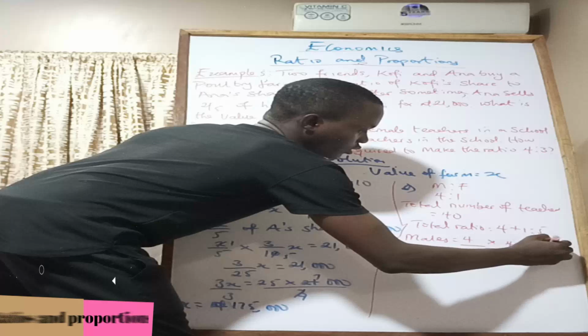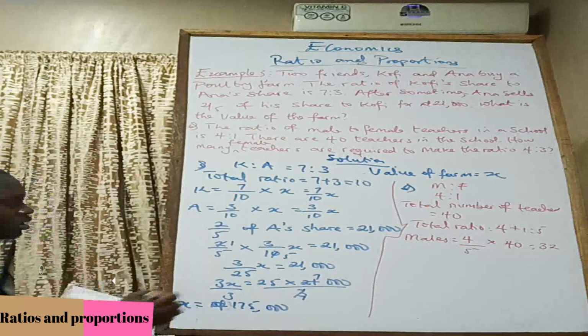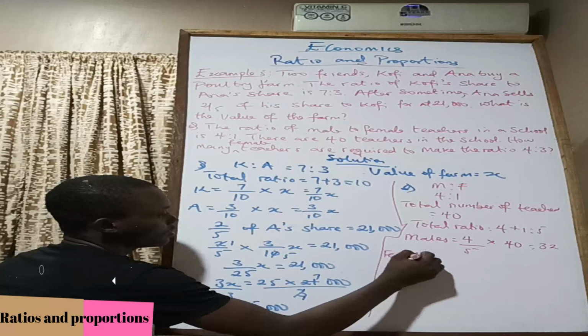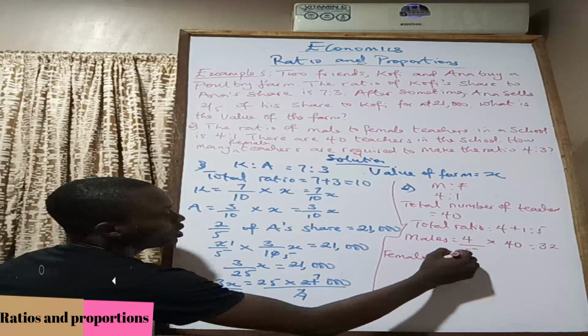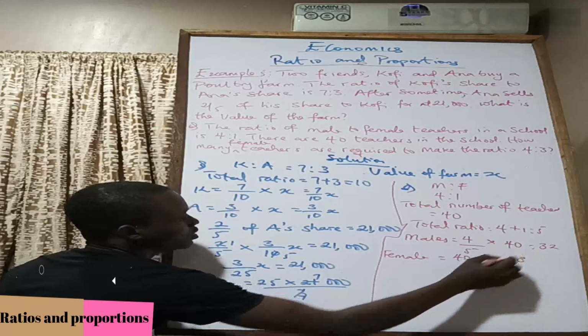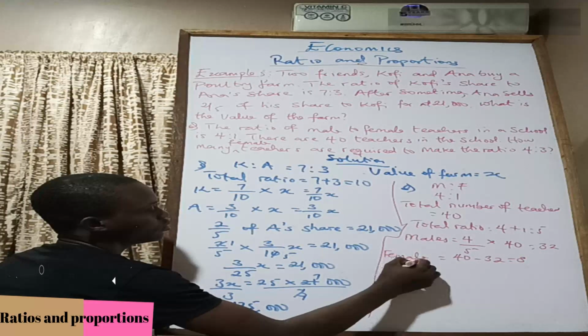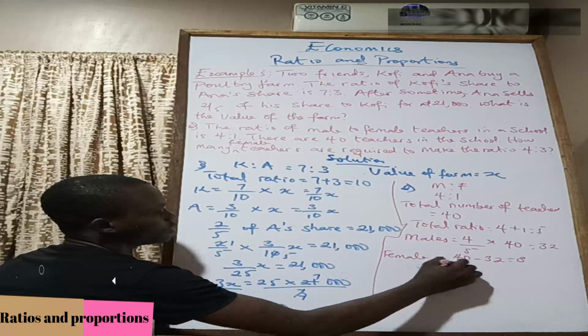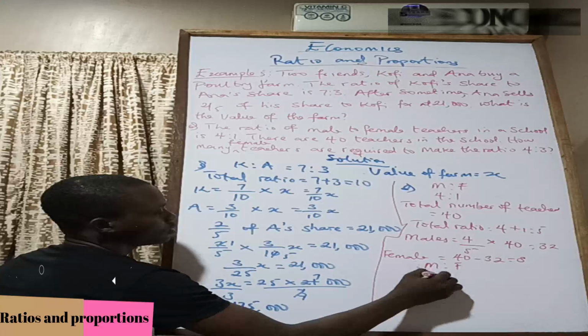So there are 32 male teachers. From here we can get the female teachers. Female teachers will then be 40 minus 32, which is equal to 8. So currently the ratio of male to female teachers is 32:8.